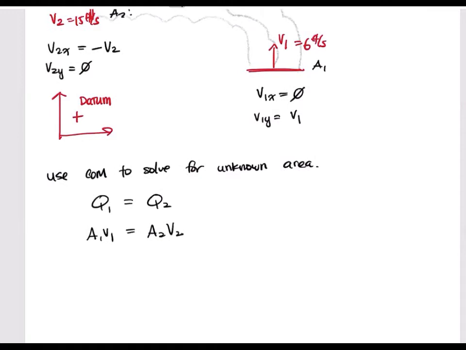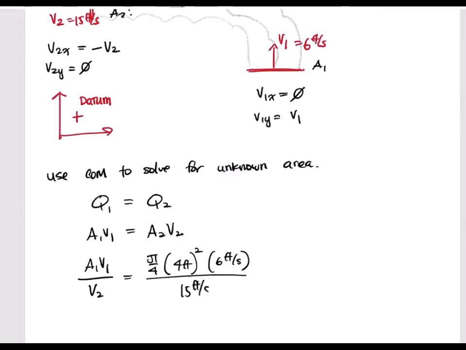A2V2. Rearranging the equation, we have A1V1 over V2, which is going to give us pi over 4, diameter is 4 feet squared, multiplied by V1, which is 6 feet per second, divided by V2, which is 15 feet per second.